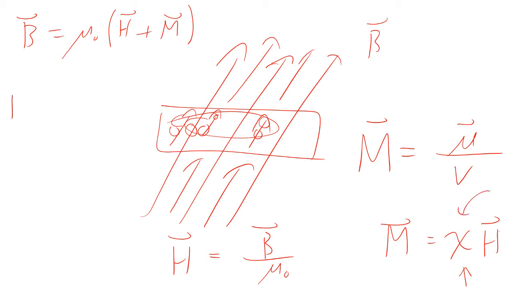So in other words, if you do a little algebra right here, the magnetic field is going to be mu naught times chi plus 1 times the magnetic field strength.